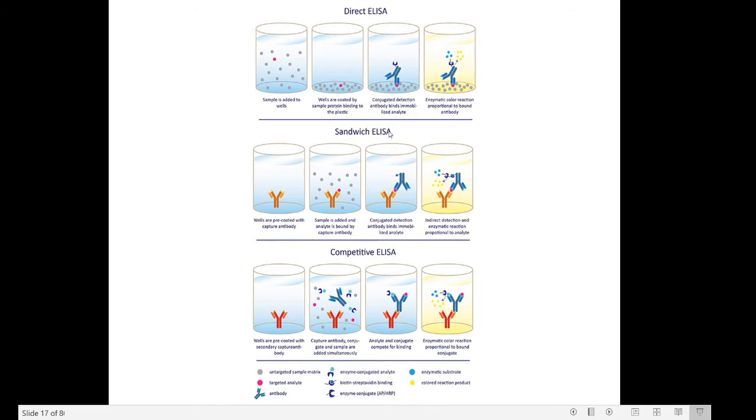Once again, to repeat: first is the sample addition, then add the monoclonal antibody, then add the detection antibody. Then the sandwich ELISA. In this sandwich ELISA, the first step is we coat with the antibody, then add the antigen. Another one is the competitive inhibitor.